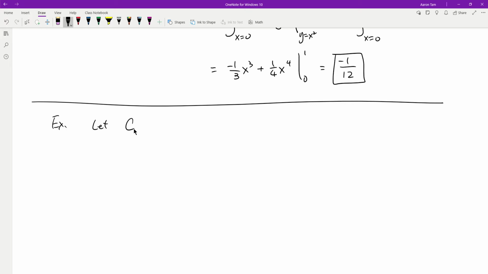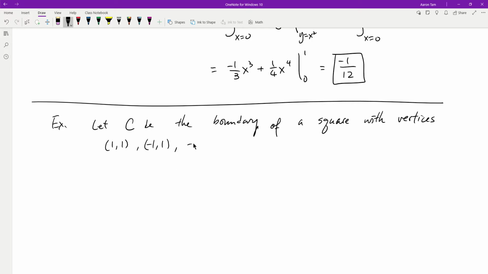Let C be the boundary of a square with vertices (1, 1), (negative 1, 1), (negative 1, negative 1), and (1, negative 1), as given below.